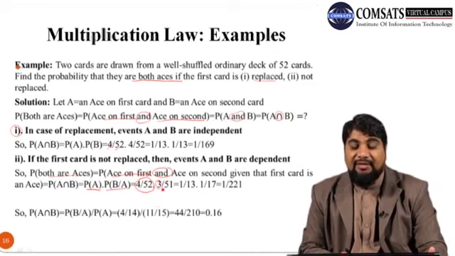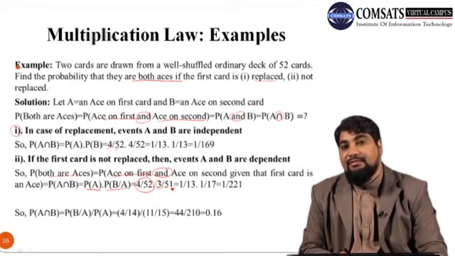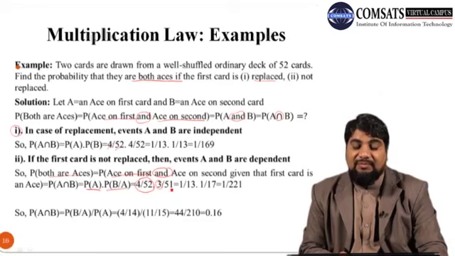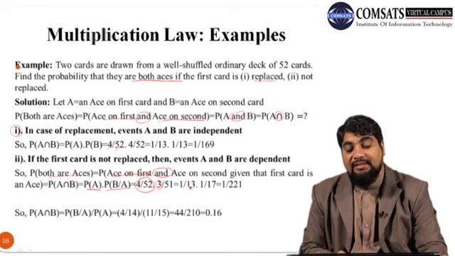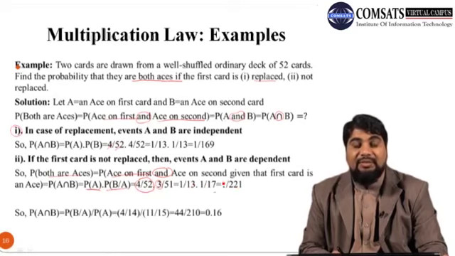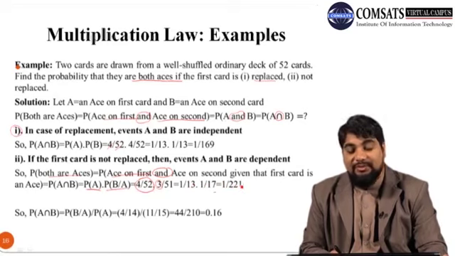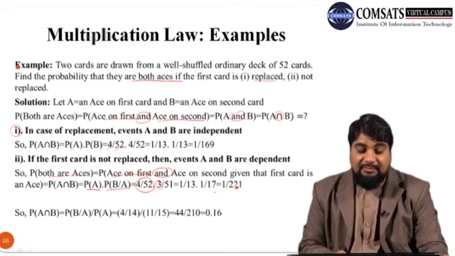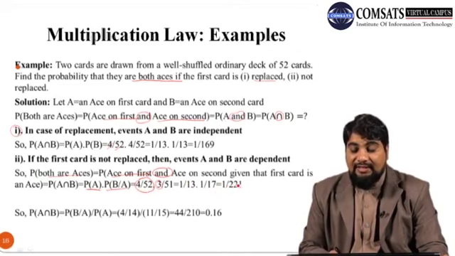So 3 divided by 51, which is our reduced sample space. Just multiply these two numbers. 4 out of 52 is 1/13 and 3 out of 51 is 1/17. So 13 multiplied by 17 is 221, and 1 times 1 is 1. So 1/221.